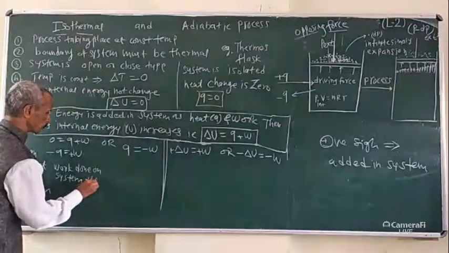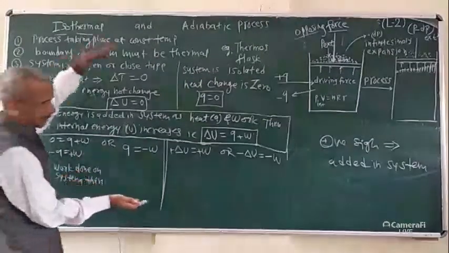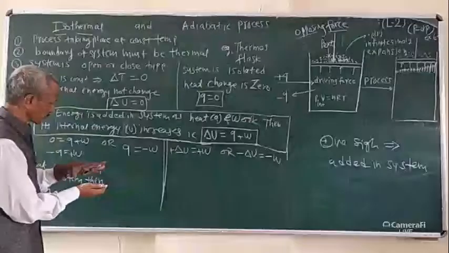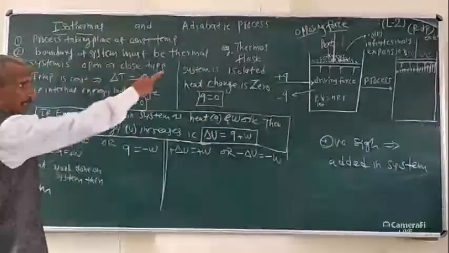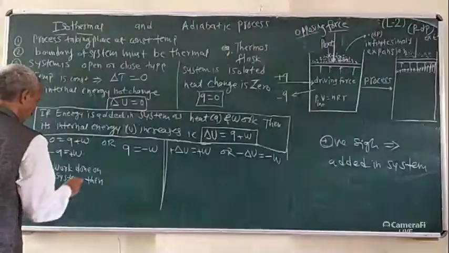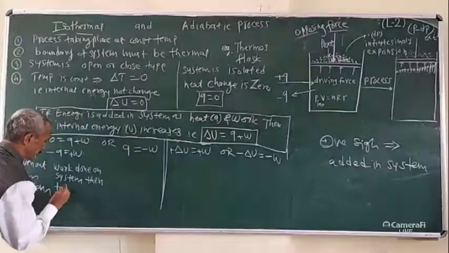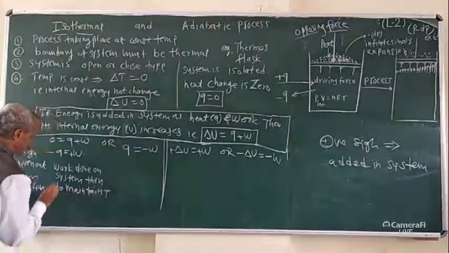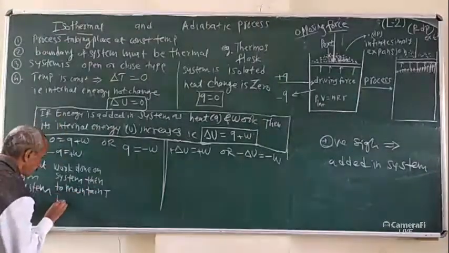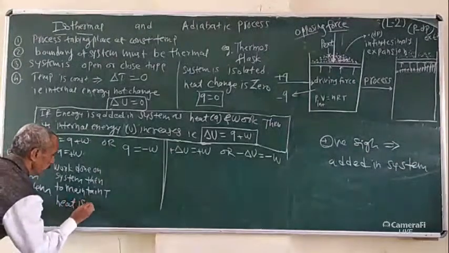Then, when work is done, compression, the temperature is going to rise, but we have to maintain the temperature. That is the isothermal process. Then to maintain the temperature, heat is evolved.